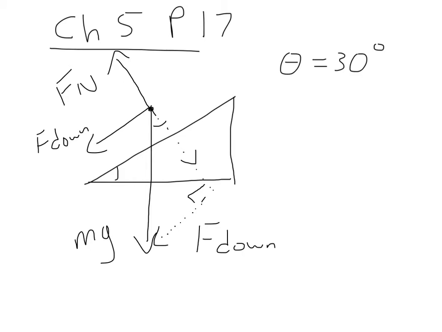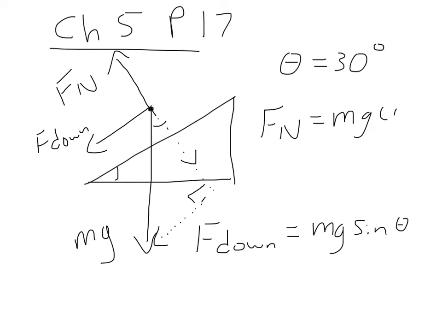So that means that we can find the normal force. F down is going to be equal to, from our new triangle, mg multiplied by the sine of theta, and the normal force, given our argument just a second ago, is going to be equal to mg times the cosine of theta.